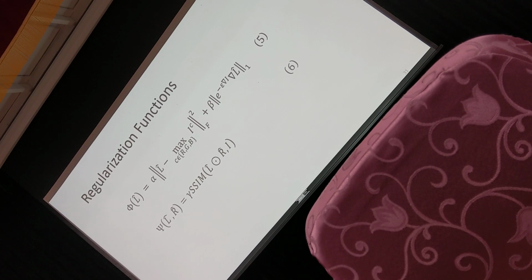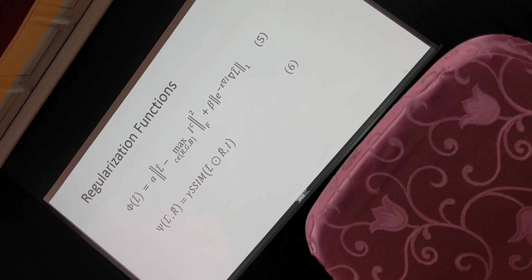In our approach, the regularization functions are as follows. The phi one is the sum of two terms. The first one is the Frobenius norm of the difference between the illuminance and the maximum intensity of the source image.